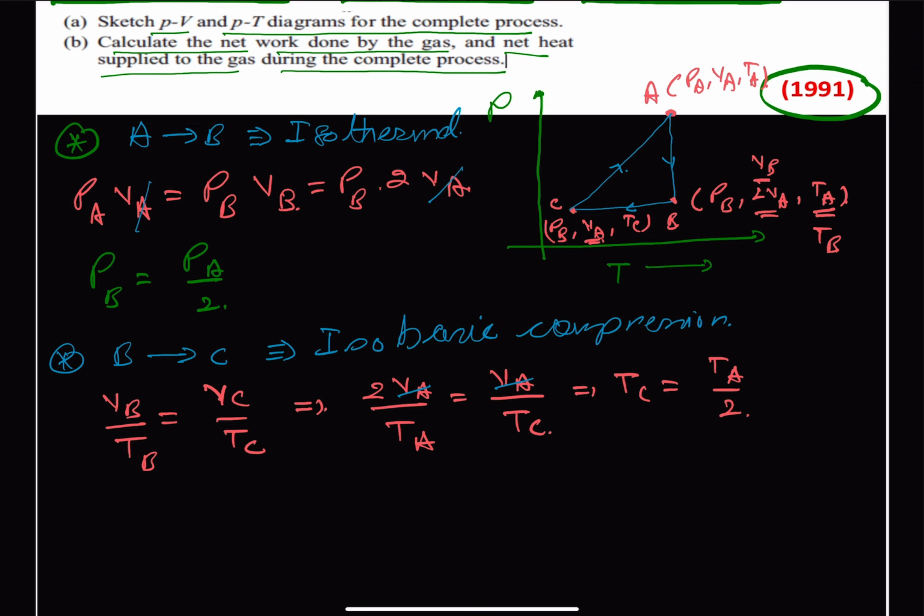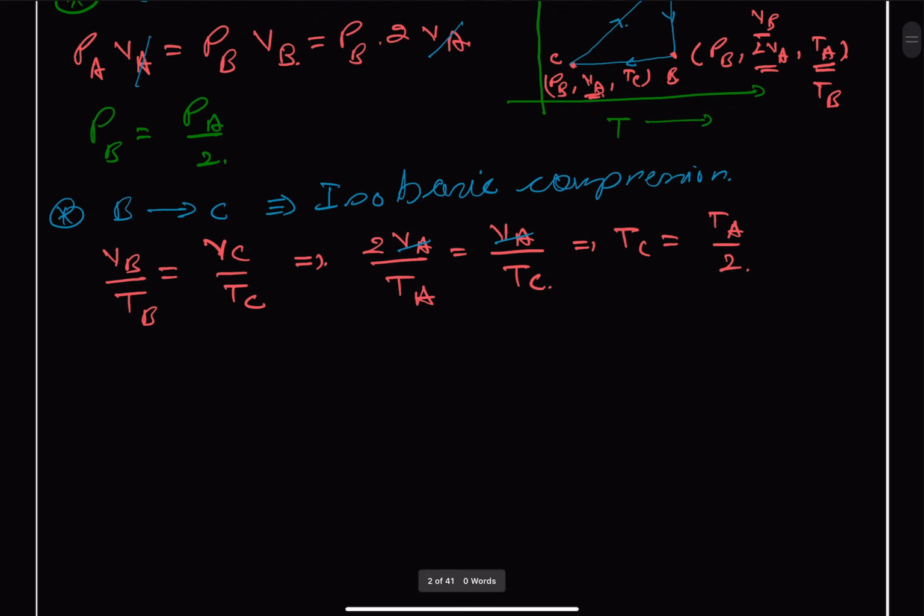And then we have from C to A. From C to A, it is given as volume is constant.